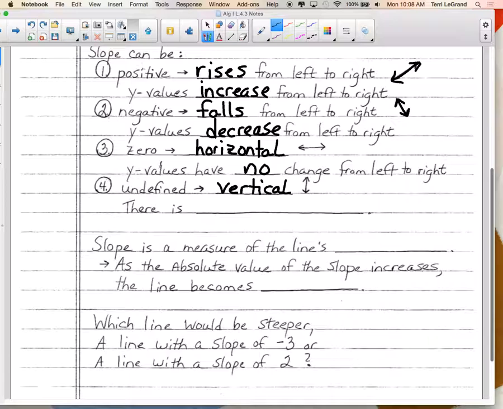It's only rising. So if it's only rising and it's not running, what does that mean is upstairs and what's downstairs? There could be a positive or a negative number upstairs. What's going to be happening downstairs? If there's no change, there's a 0. And what's true when we have 0?